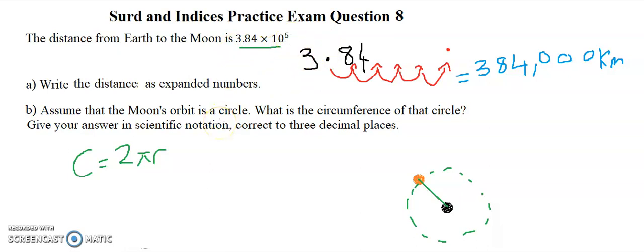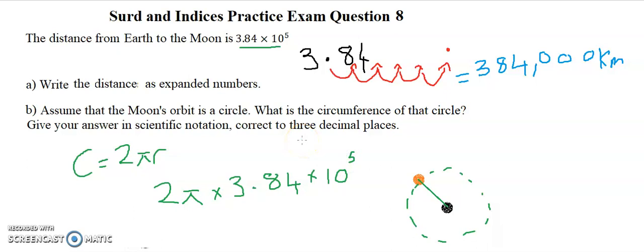Because it's wanting us to give it in scientific notation, I'm going to use that. So that means we've got 2 times pi times 3.84 times 10 to the power of 5.